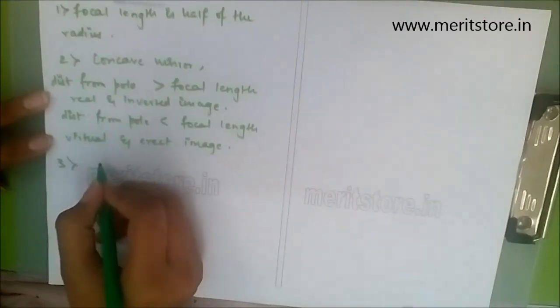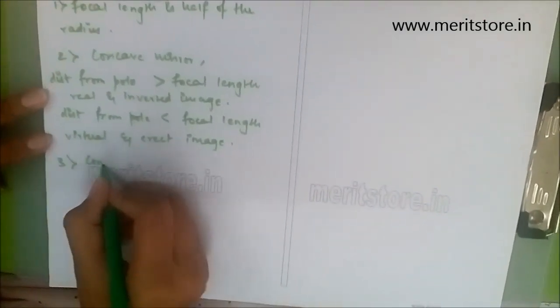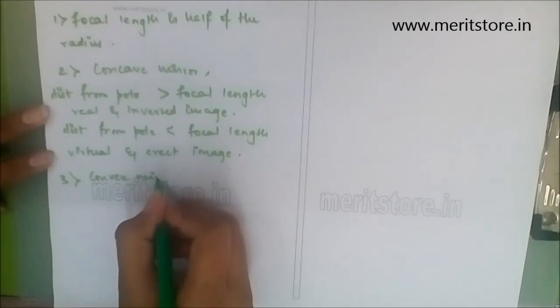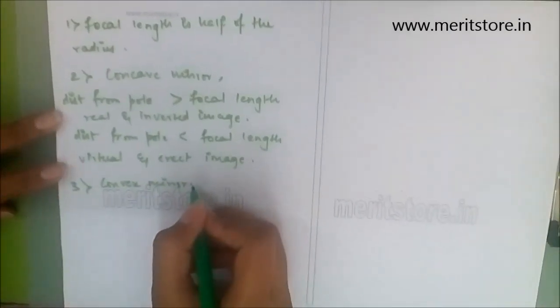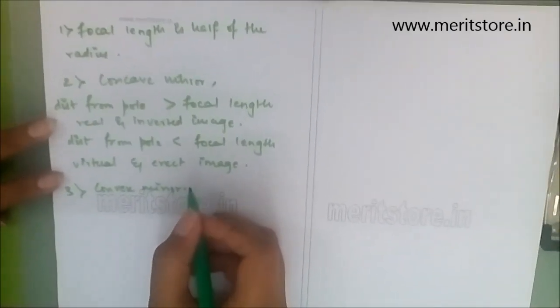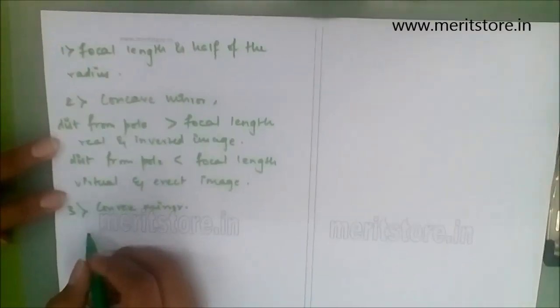Third, in case of a convex mirror, a real object always produces a virtual and erect image.